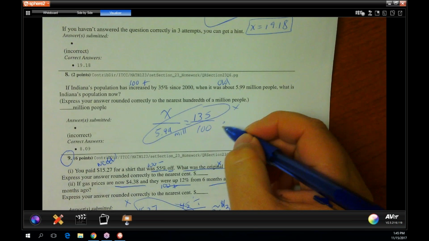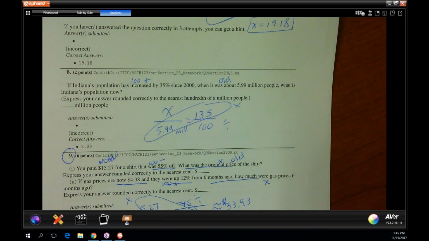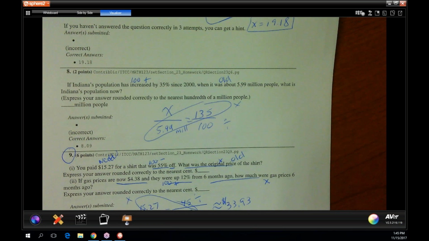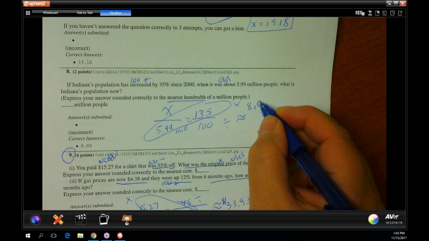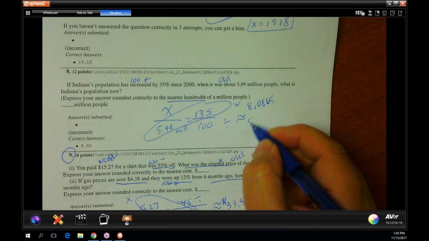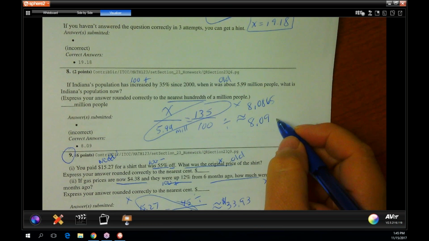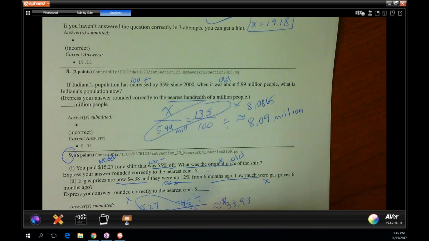So multiply and then divide. To the nearest hundredth. So I've got 8.0865. So it'd be 8.09 million. Okay.